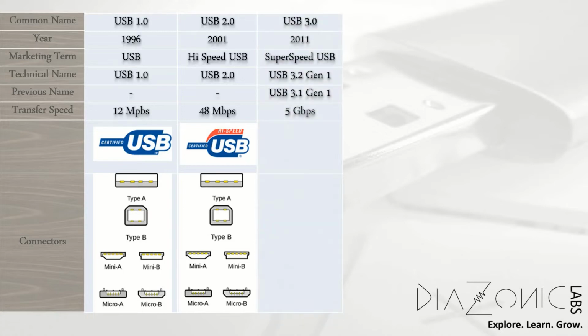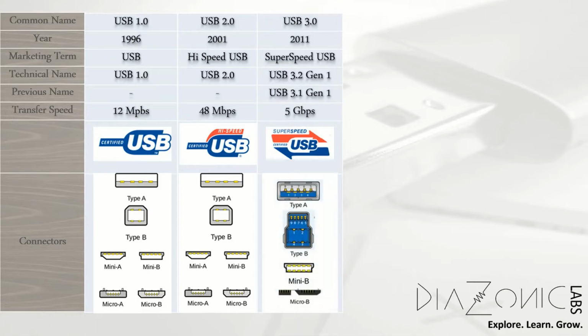The third generation USB was USB 3.0, which is called super speed USB. The technical name given to it as of now is USB 3.2 Gen 1. It was previously also named 3.1 Gen 1, and the transfer speed of this is 5 gigabits per second.